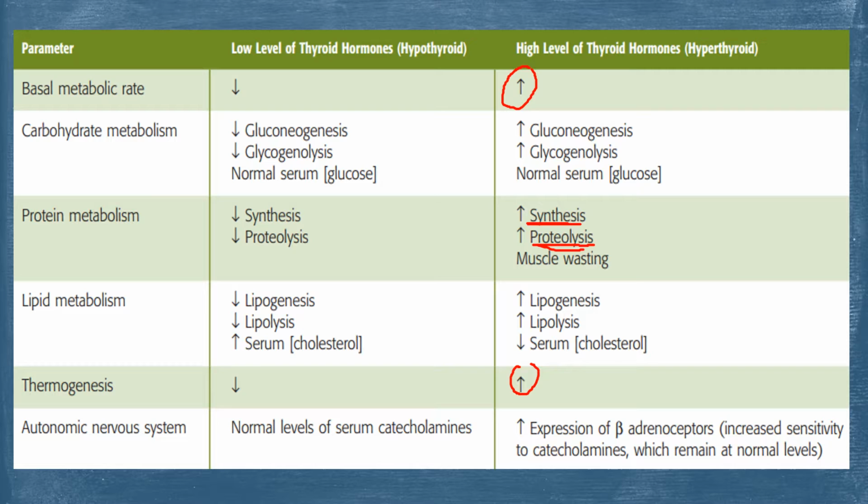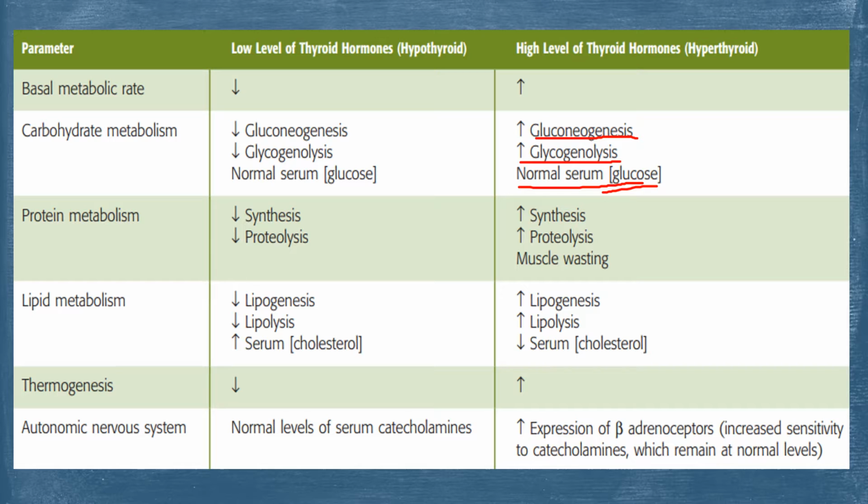So if you want to look at its effect on the carbohydrate level, protein level, and lipid level. For example, in carbohydrate metabolism, it will increase gluconeogenesis and glycogenolysis. But in the end, we will have normal serum glucose. How is that? How are we increasing gluconeogenesis and have a normal glucose level?